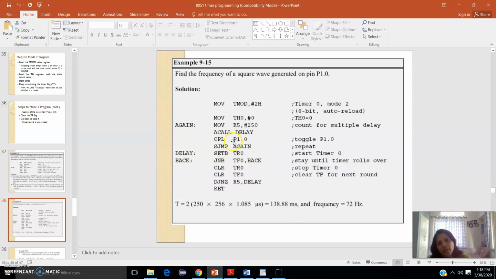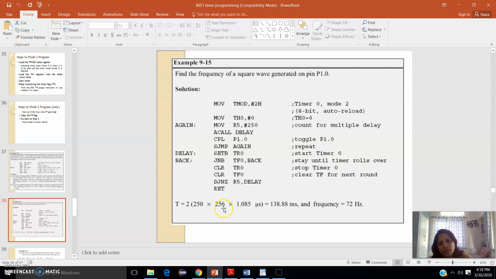Now in this program, R5 is loaded with 250 because you want to continue this loop, that is a back loop, up to 250 times only. So that is a count for the multiple delay, and that's why you consider that factor also, because the decrement jump if not 0 statement is executed up to 250 times, and that's why you need to multiply by 250.